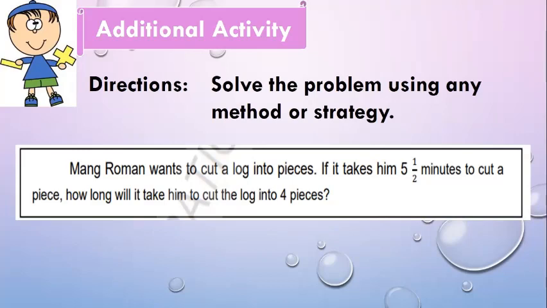You are free to do anything. What method or strategy or techniques that you are going to use in order to solve this problem. And you are going to turn also that in our Google Classroom so that I can verify whether you understand or not.